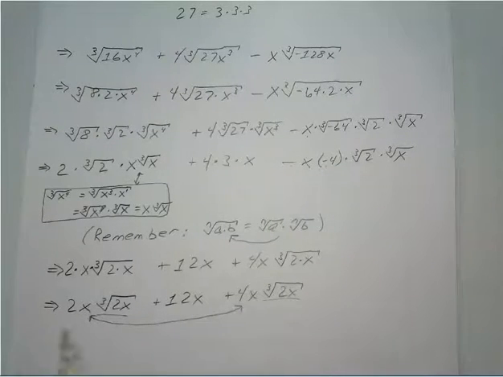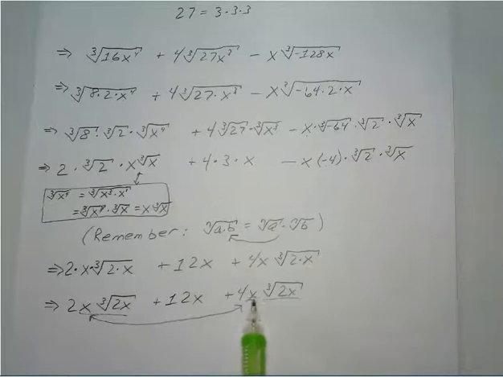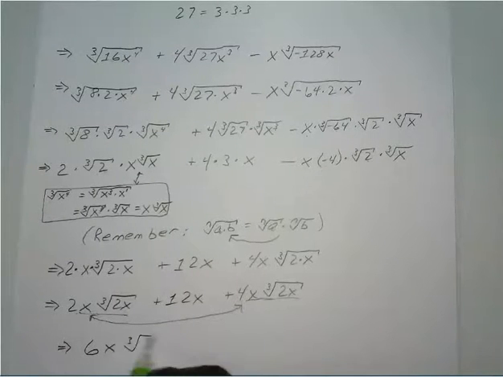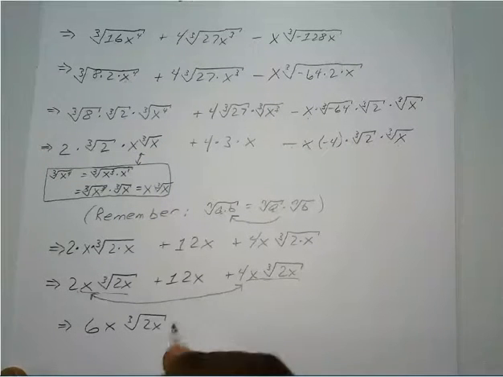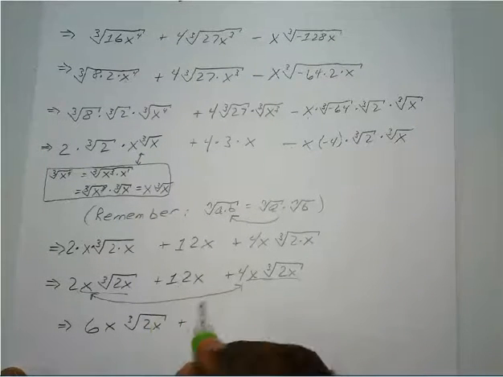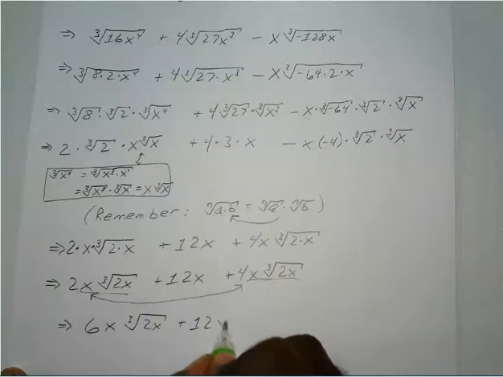Well, actually it's x2x and x2x. Okay, so you have 2x cube root of 2x plus 4x cube root of 2x. 2x and 4x is 6x. So you have 6x cube root of 2x. Plus, don't forget your 12x right here. Plus 12x.